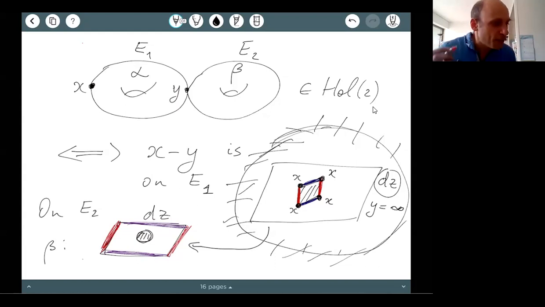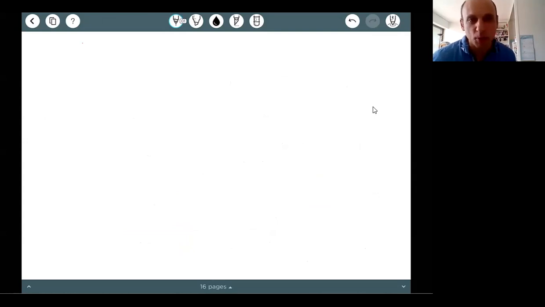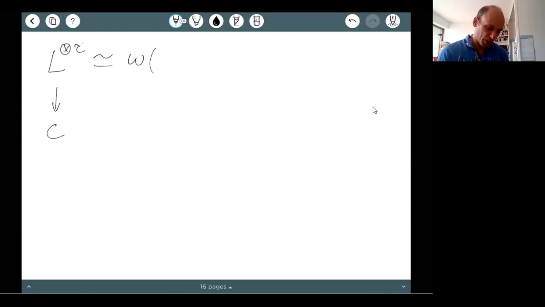Okay, but anyway, the outcome of this is that our first attempt at solving the problem failed. And now I have 15 minutes to tell you about the second attempt. So here's the second attempt. We take a line bundle L over C, whose rth tensor power is isomorphic to this twisted omega.